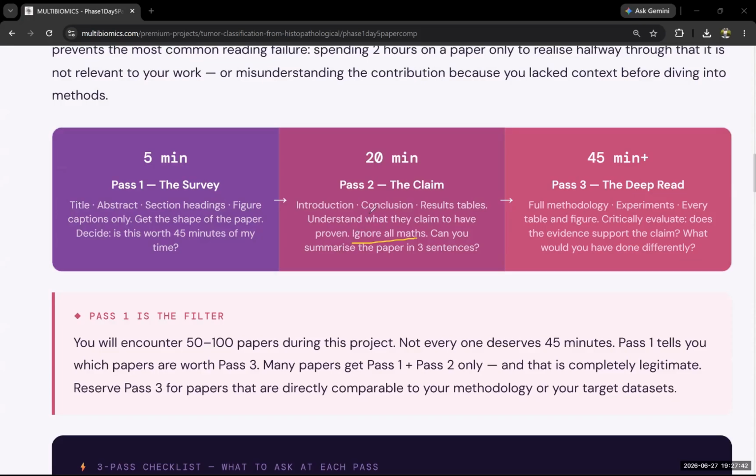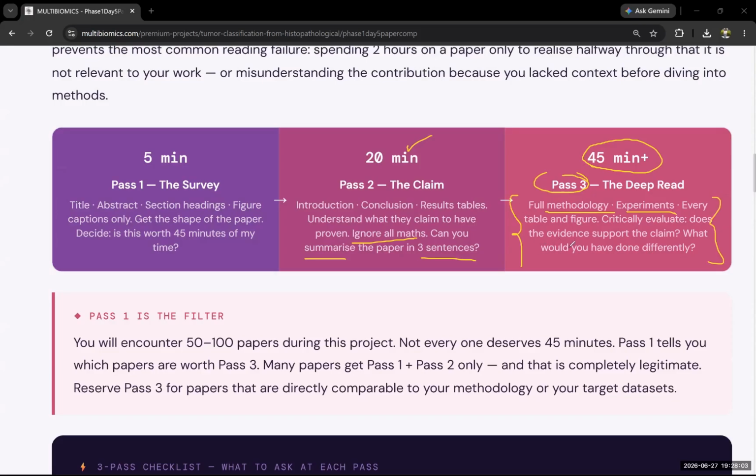Then ask yourself, can I summarize the paper in three sentences? Yes or no? If no, you can go to those sections that you have not understood, or maybe go to the third pass and spend 45 minutes on those papers: the full methodology, experiments, all those things.